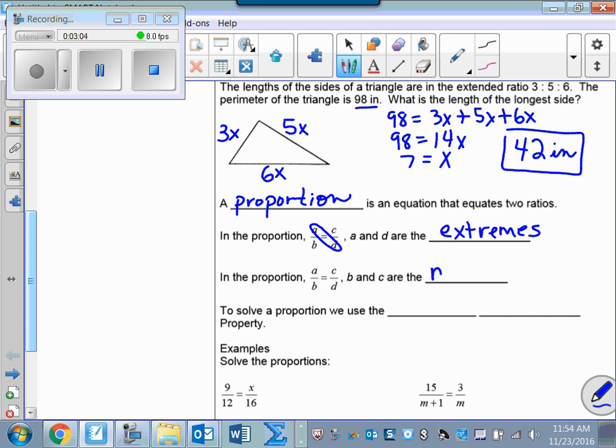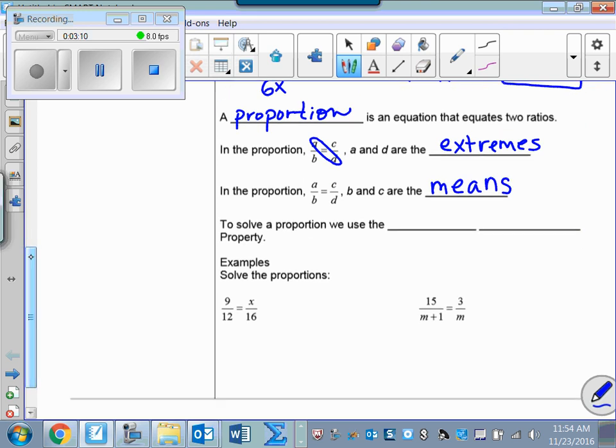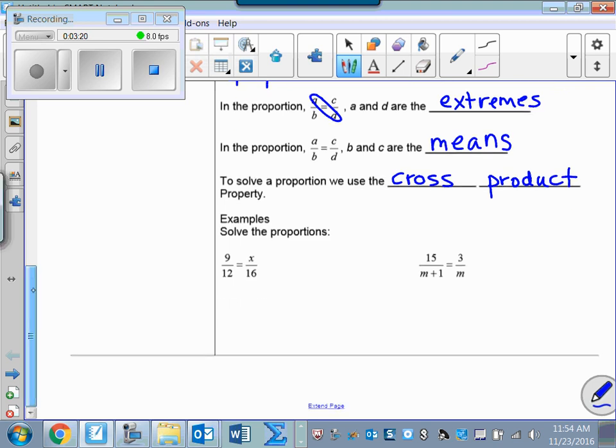And B and C would be called the means. The means and the extremes, you'll always have those when you have a proportion. And of course, to solve a proportion, we use the cross product property. So we cross multiply.